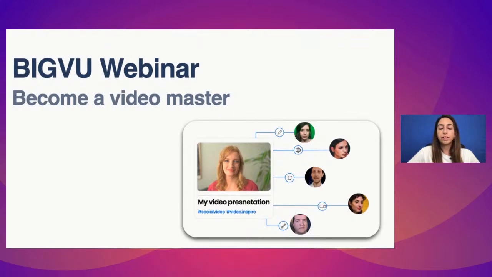You can record your video using a teleprompter with a script or without a script. You can style and edit your videos with automatic captions, with green screen, background music, business cards, intros, outros, and so much more. And finally, you can download your video, you can share it on social media, and you can even create your own video landing page.